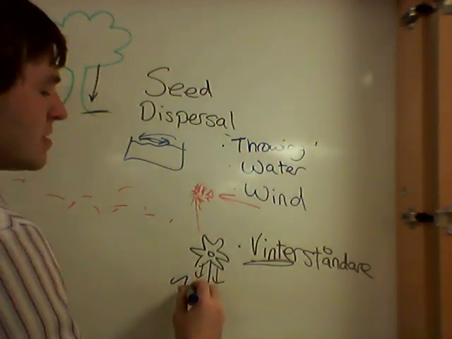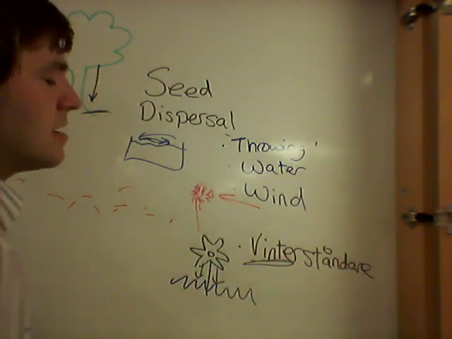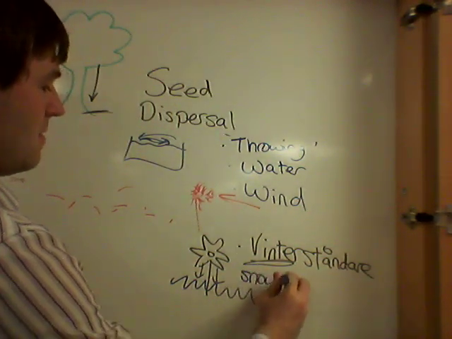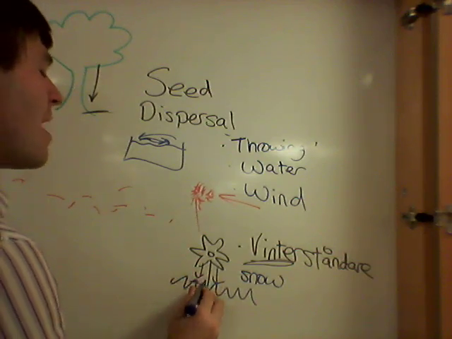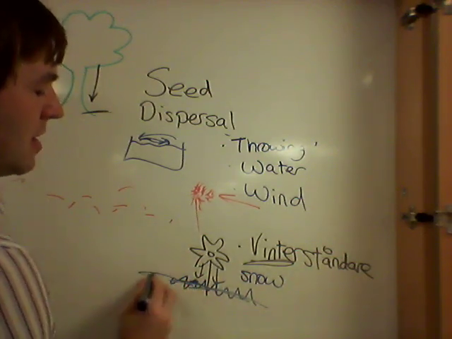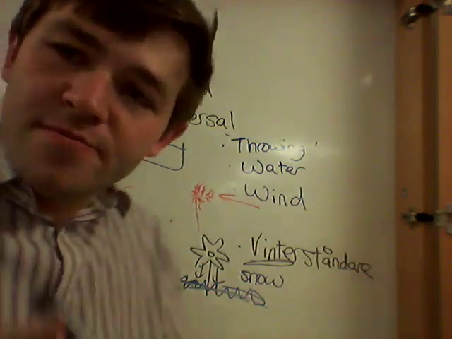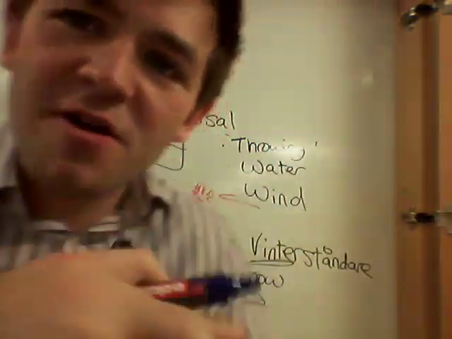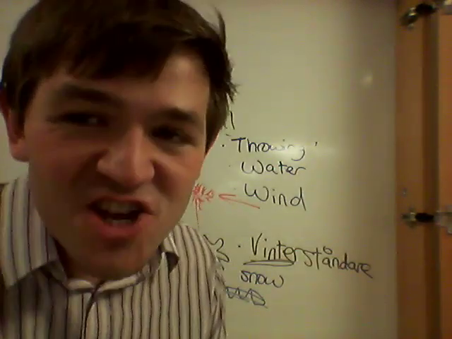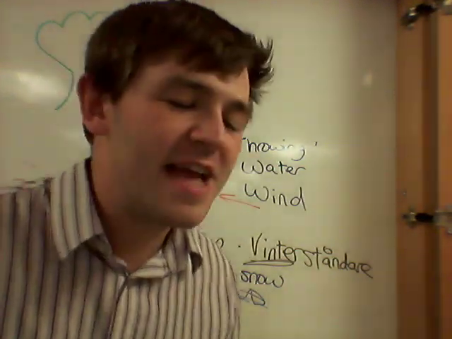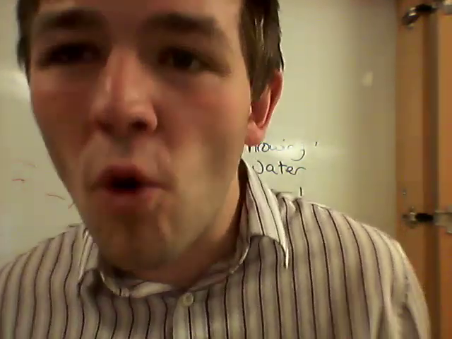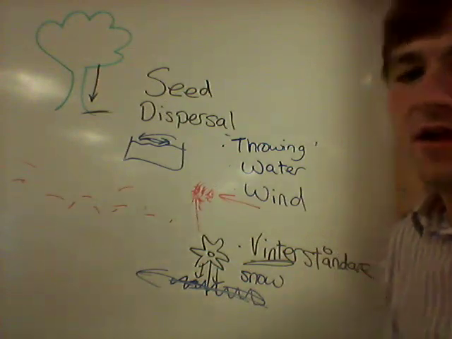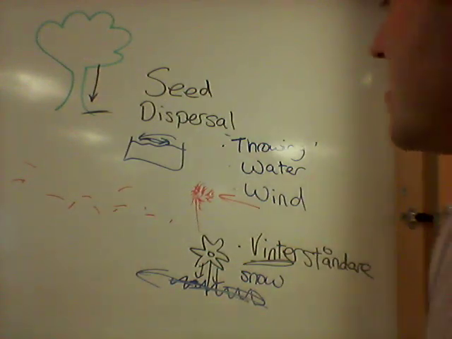And on the ground is lots of snow. And when the snow melts and turns into a liquid, it spreads out. So then the seeds can move eventually to a little place. And when they get there, that place is full of water. So it's perfect.